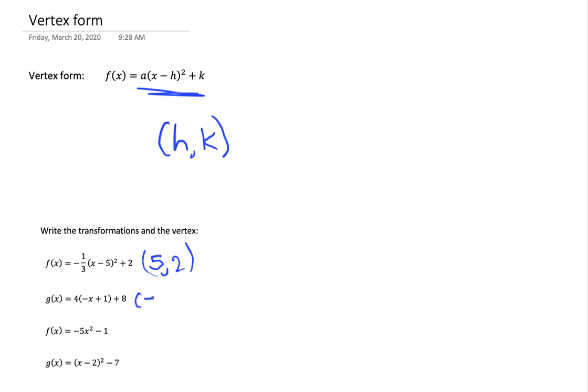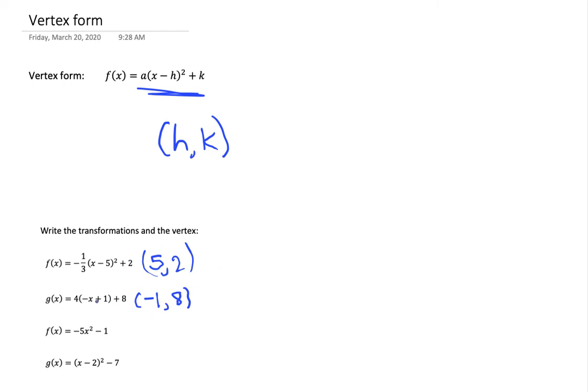This one has a vertex of (-1, 8). Do note that when it's positive, it's negative because the original formula has a negative in it. So just remember that left, right, that first one, that x indicating horizontal translation is always going to be opposite.